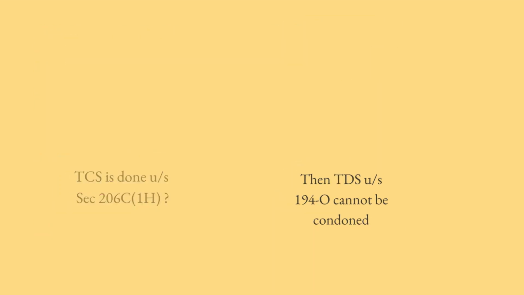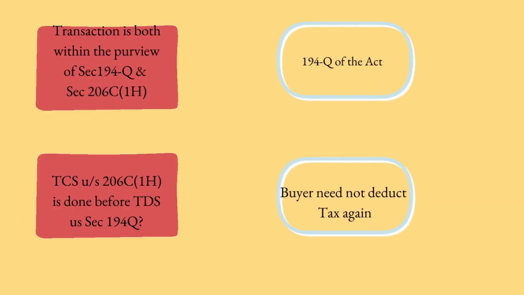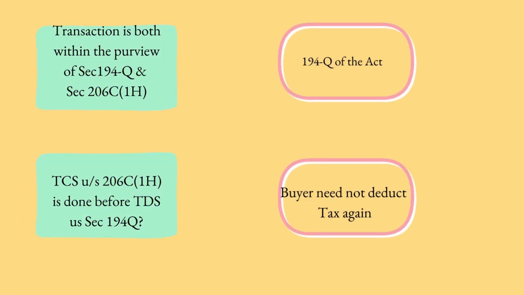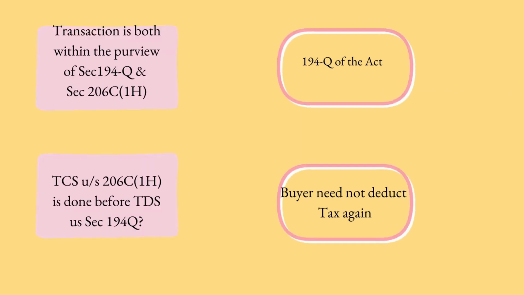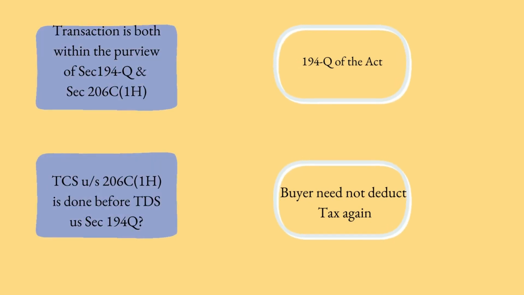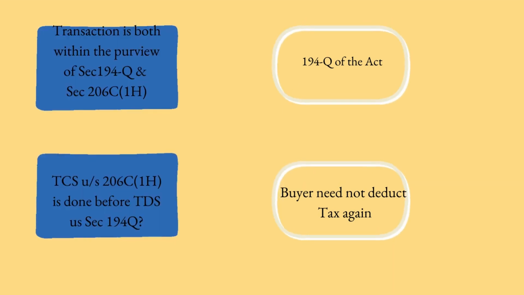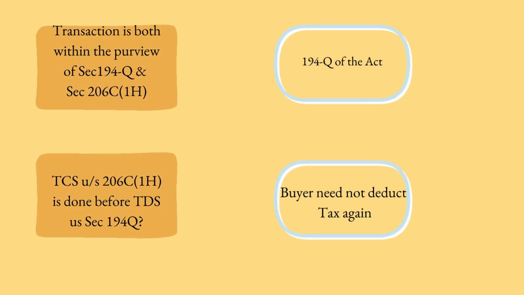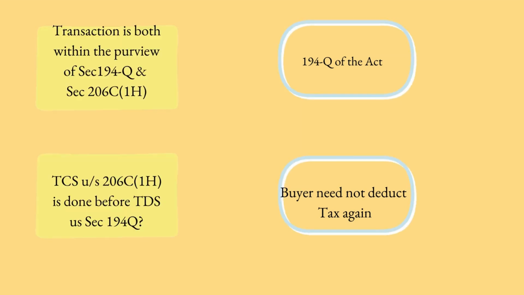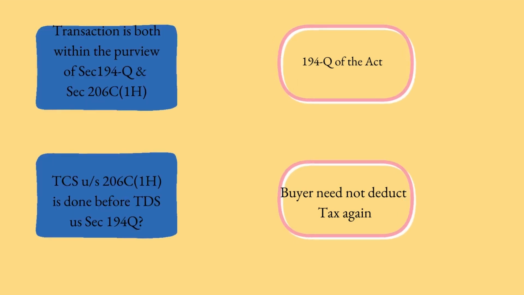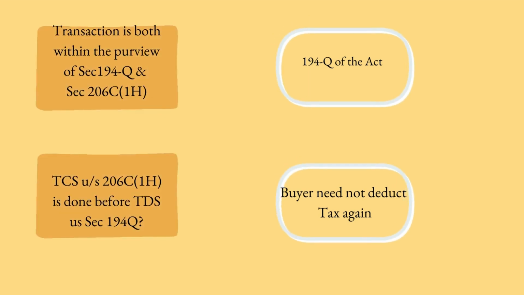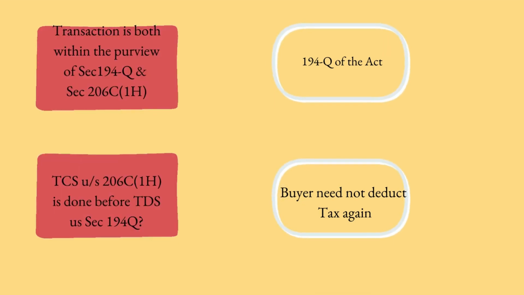If a transaction is both within the purview of Section 194Q and Section 206C(1H), then tax is required to be deducted under Section 194Q. The transaction shall come out of the purview of Section 206C(1H). That is, if the buyer has deducted tax on a transaction, the seller need not collect tax at source under Section 206C(1H).